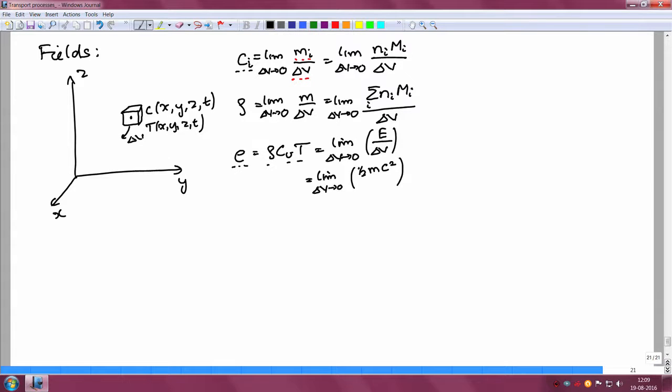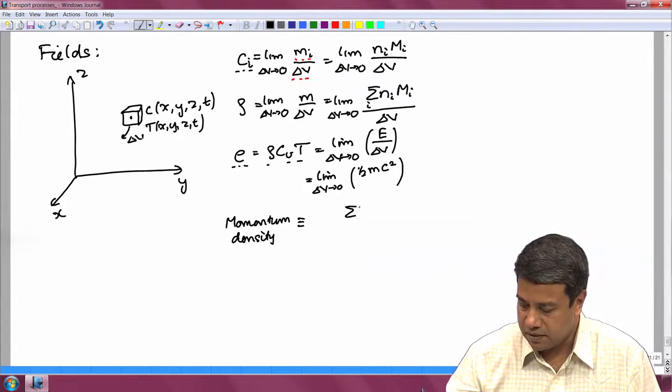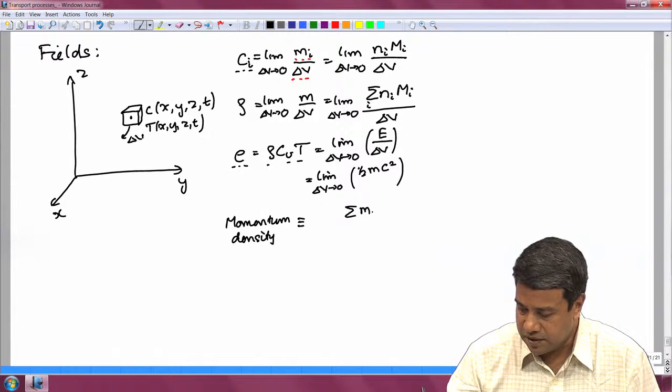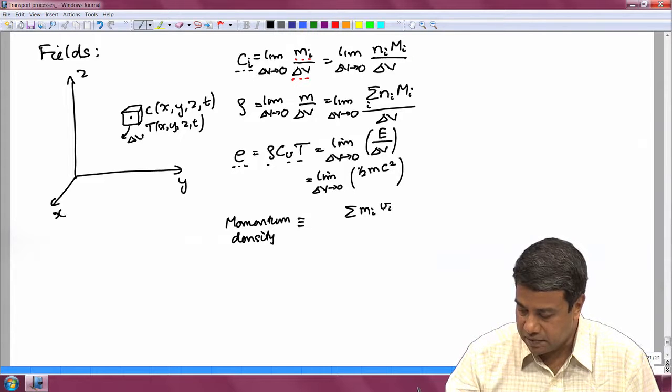Now, you can also define the momentum density. The momentum density is in general defined by taking the total momentum within a volume and dividing it by the volume itself. So, I take summation of the mass of each molecule times the vector velocity of each molecule.